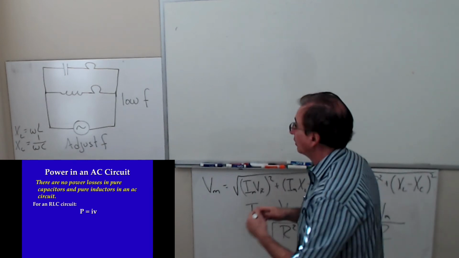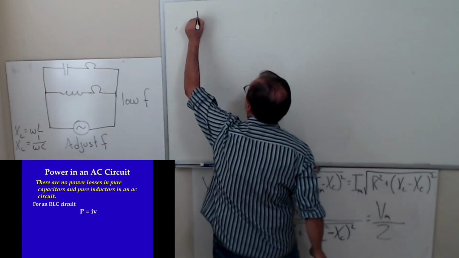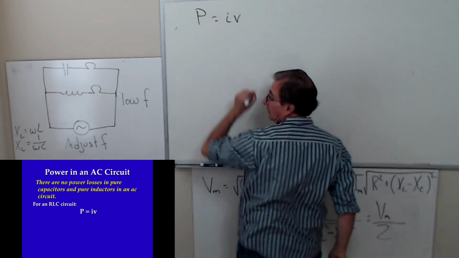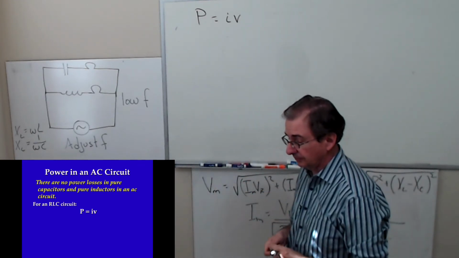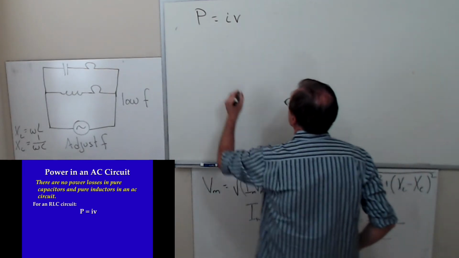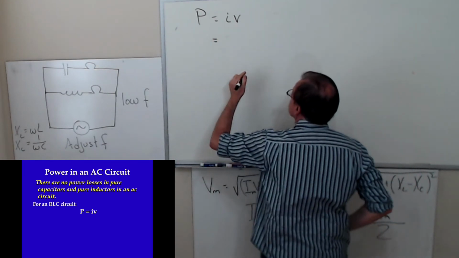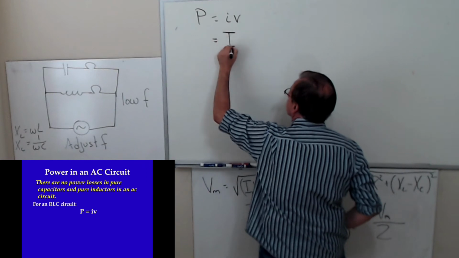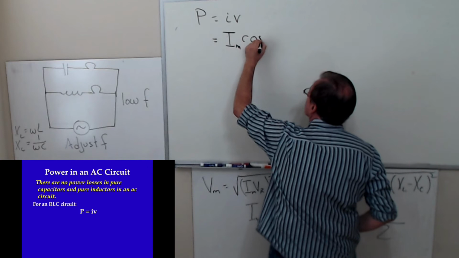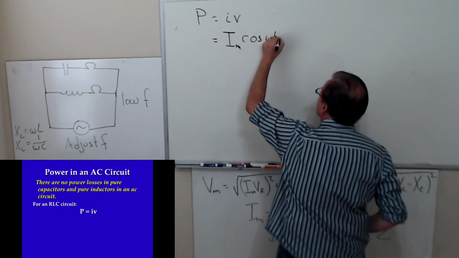Okay, so we write P at any time is I times V. And I is just I max cosine omega t minus phi.